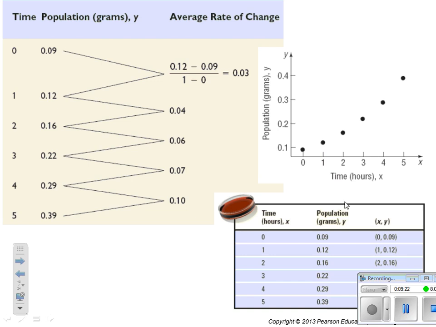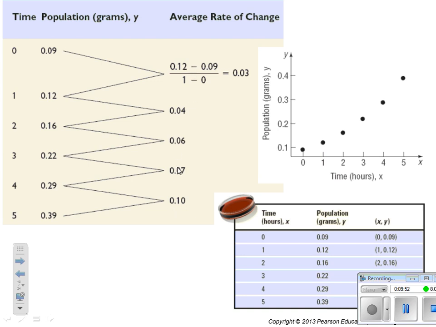So if you go 0.12 minus 0.09 divided by 1 minus 0, you get 0.03. If you do that same process, 0.16 minus 0.12 over 2 minus 1, you get 0.04. 0.22 minus 0.16 over 3 minus 2 is 0.06. The next one is 0.07. The next one is 0.10.